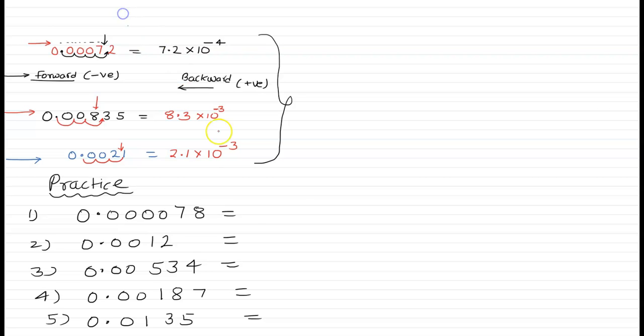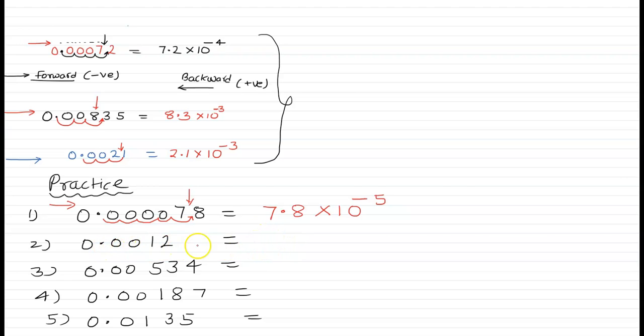Okay guys, welcome back. If you have tried, just check your answer. We are moving from the left hand side and the first non-zero number is here. So you can move 1, 2, 3, 4 and 5. So it is 7.8 into 10 to the power minus 5.